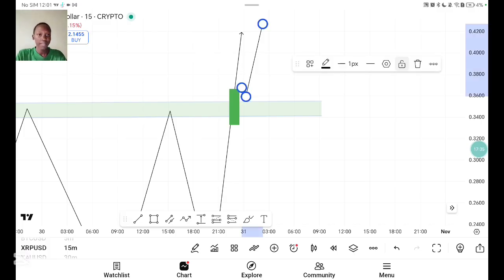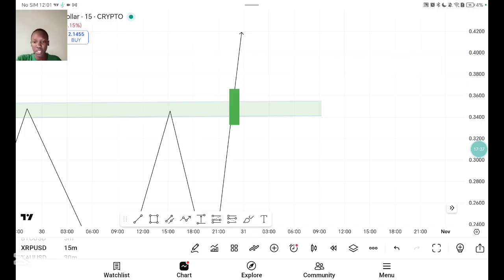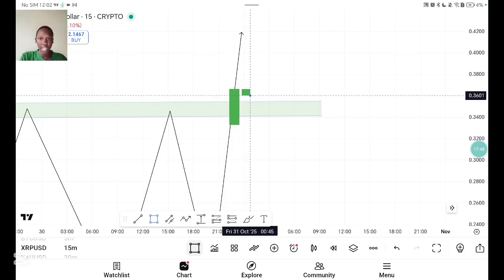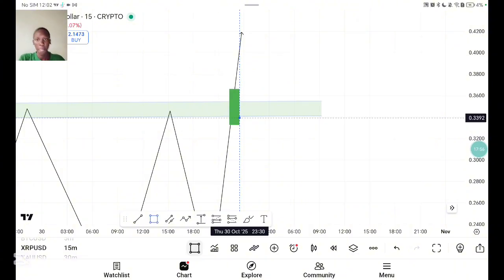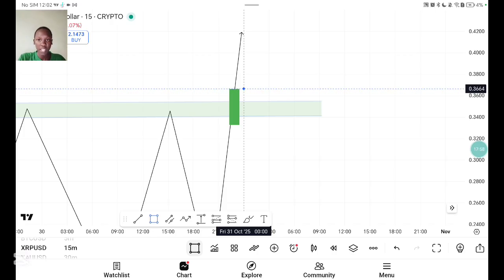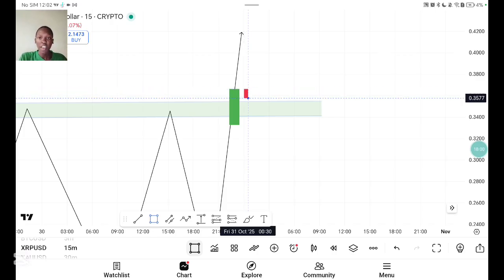So let's say it made a candlestick wick going down like this, you should be patient enough.